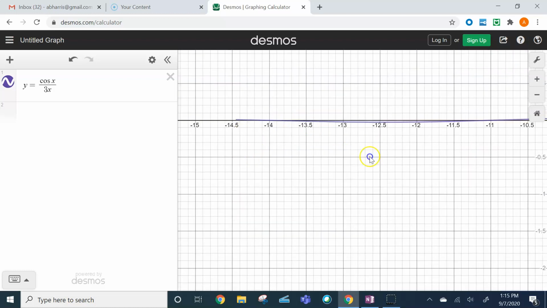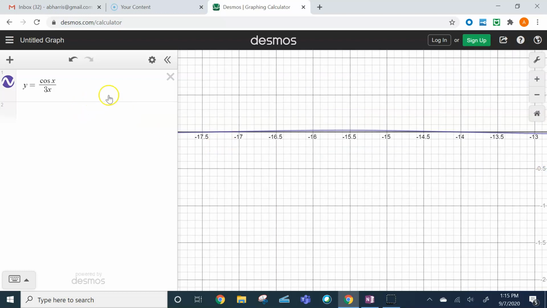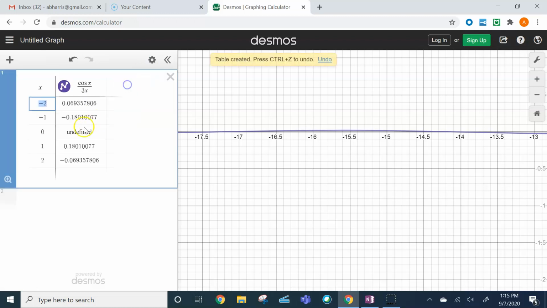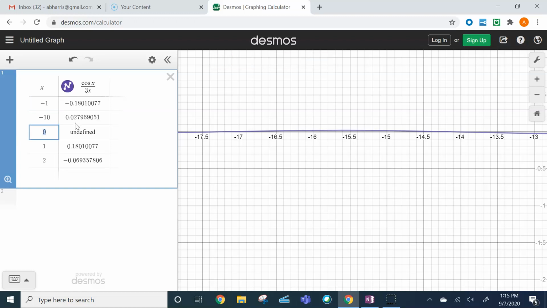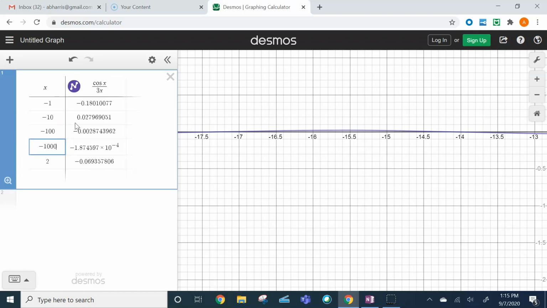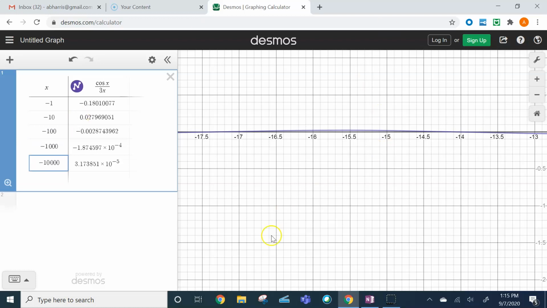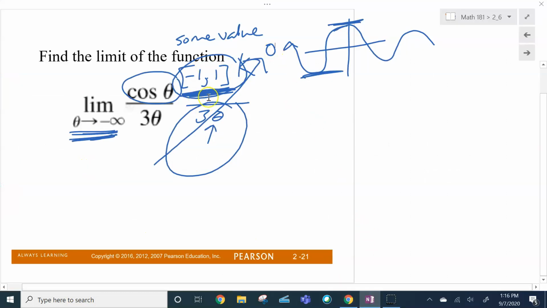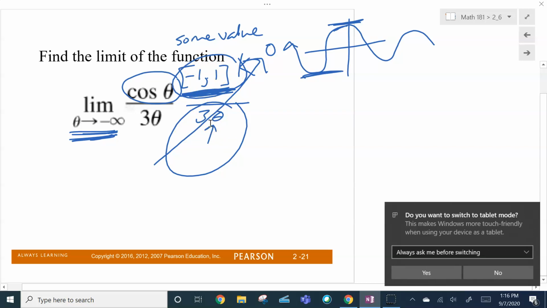See how it's narrowing in the further I go. Here it is with some values: maybe I plug in -1, -10, -100, 1,000, and so on. You notice closer and closer to 0. And that's the point. I've got a constant on the top, always bobbing between -1 and 1, and on the bottom, that thing is getting huge.